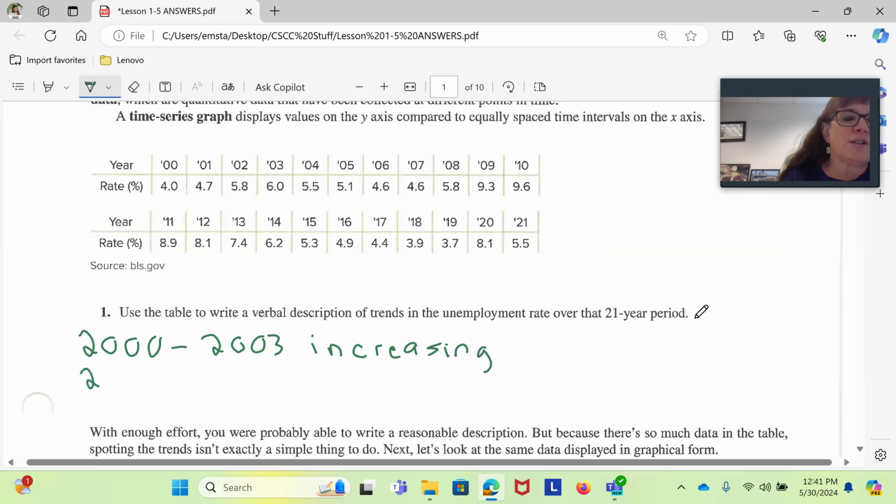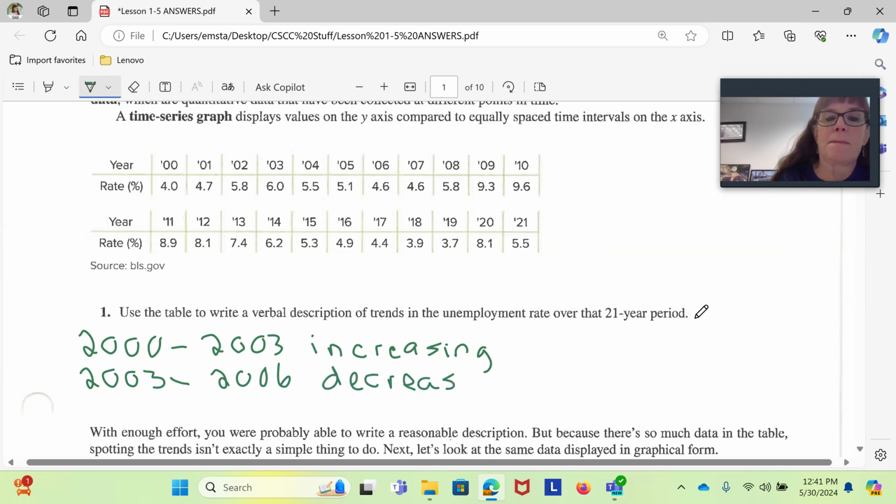So let's see how long it drops, from 2003, 2004, 5, till 2006, and then it stayed the same in 2007. So we're going to say it's decreasing here. In 2006 and 2007 it stayed the same, and then it started increasing.